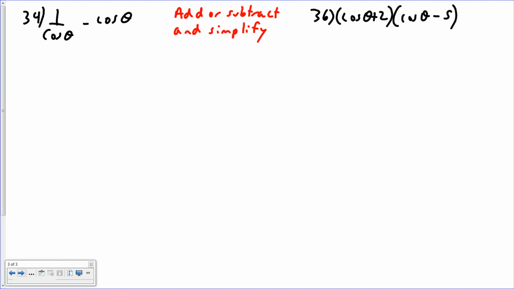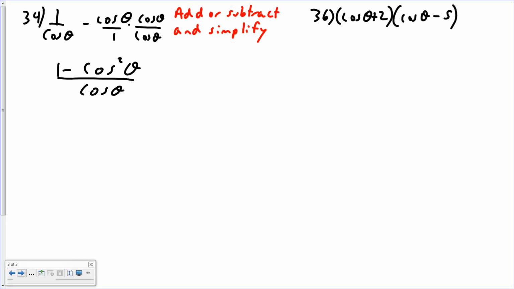This cosine theta has a denominator of 1 that's hidden, and so now you're going to see that the common denominator between cosine theta and 1 is just cosine theta. Therefore, I'm going to want to multiply by 1, which is cosine theta over cosine theta. To simplify, it's 1 over cosine theta, 1 minus cosine squared theta over cosine theta.